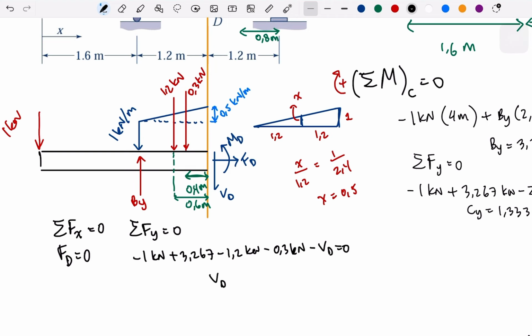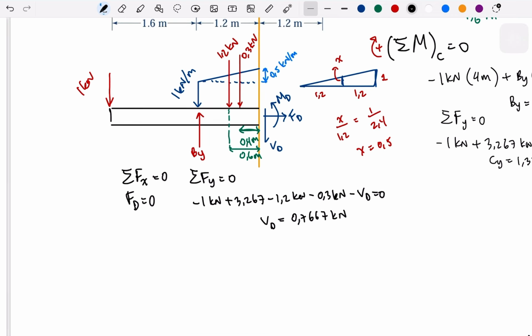So we get Vd is around 0.7667. You can check again using your calculator. I haven't really checked all the answers.